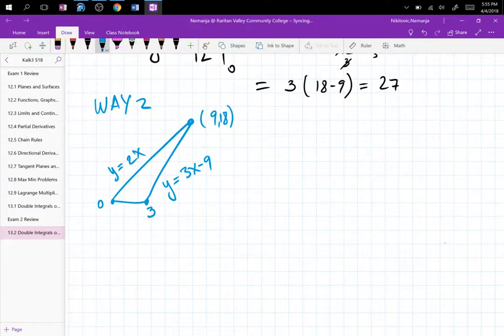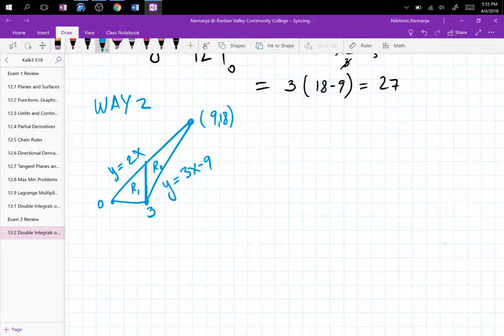So now if I want to use dx, well, that dx will cut the region into 2 regions, region 1 and region 2, because the function on the bottom of dx representative rectangle swaps from y equals 0 to y equals 3x minus 9.